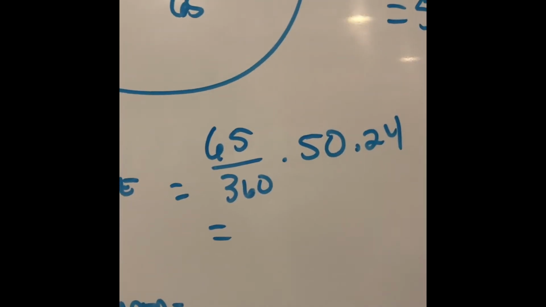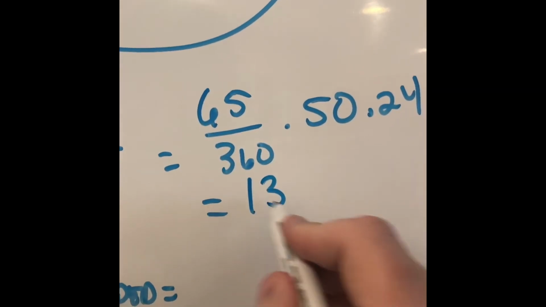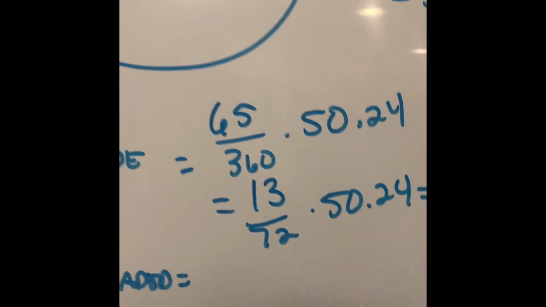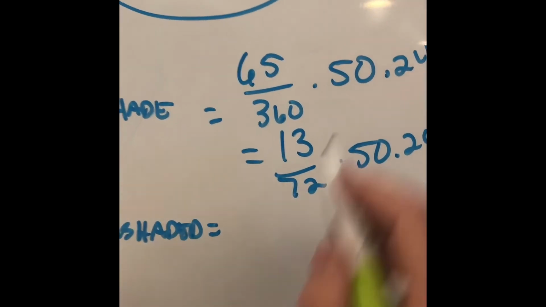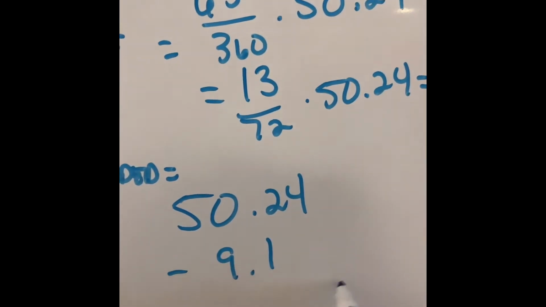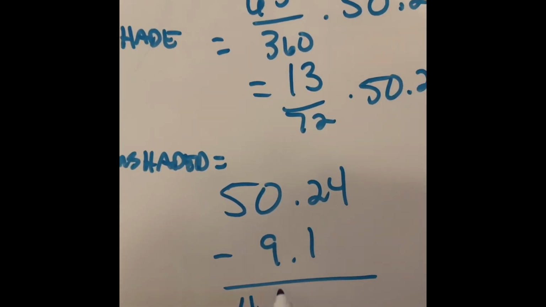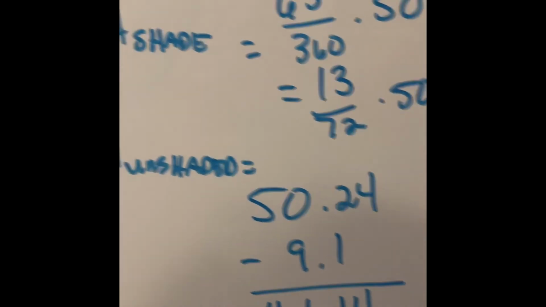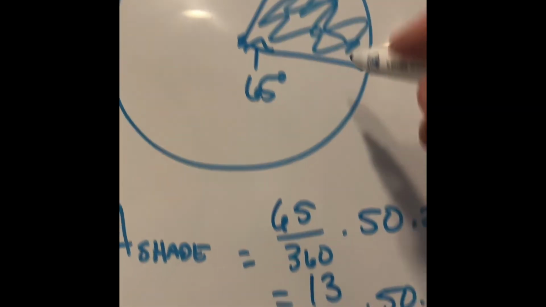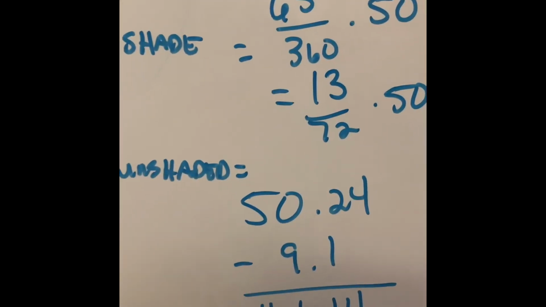And 65 over 360 is 13 over 72. If we multiply that by 50.24, that gives us right around 9.1. So then the unshaded is just your total 50.24 minus the 9.1 you got for the shaded region. So that's going to be 41.14 for the unshaded part. So your shaded part has an area of 9.1. This whole unshaded part then is 41.14.